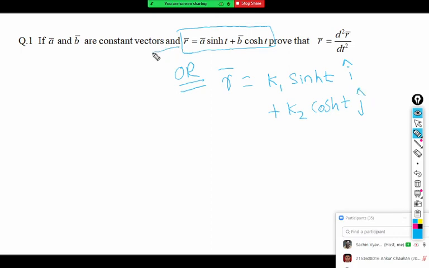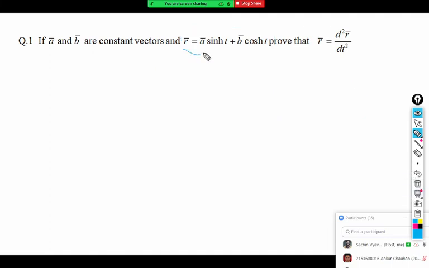So this vector equation can be simplified in this form. The vector equation of the curve can be given in terms of constant vectors A bar, B bar, C bar, or in terms of i, j, k. Right now we are given the vector equation in this form. So this is the given equation.